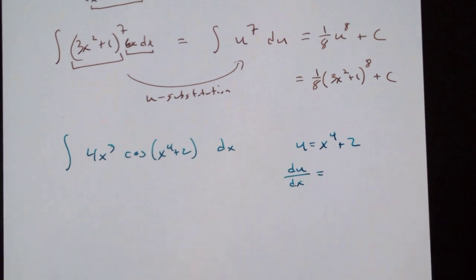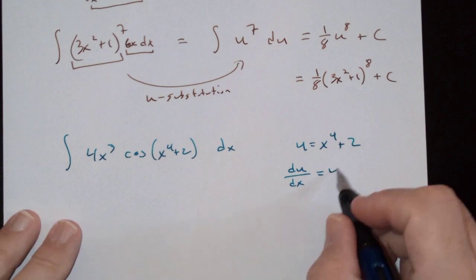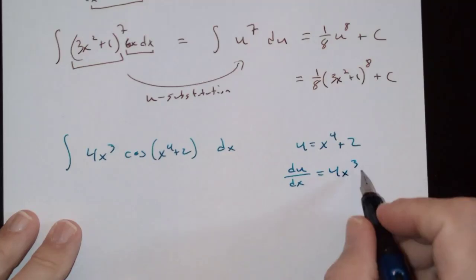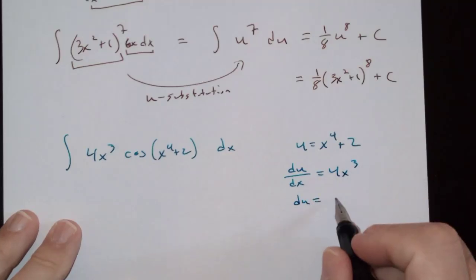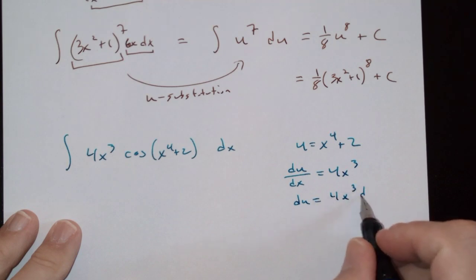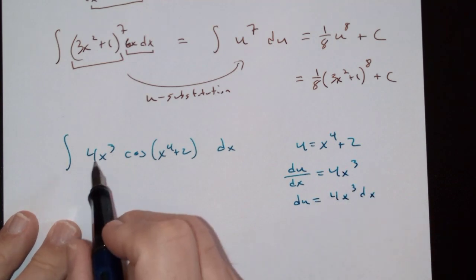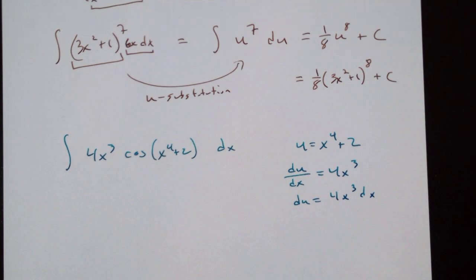I'm going to take the derivative of that. What is the derivative of x to the fourth plus 2? And if I rearrange my differential, then I can say, hey, these things are being multiplied, aren't they?